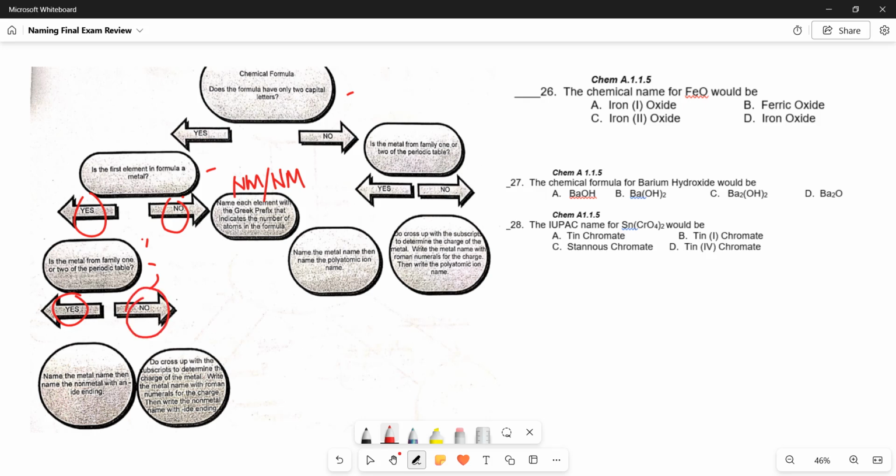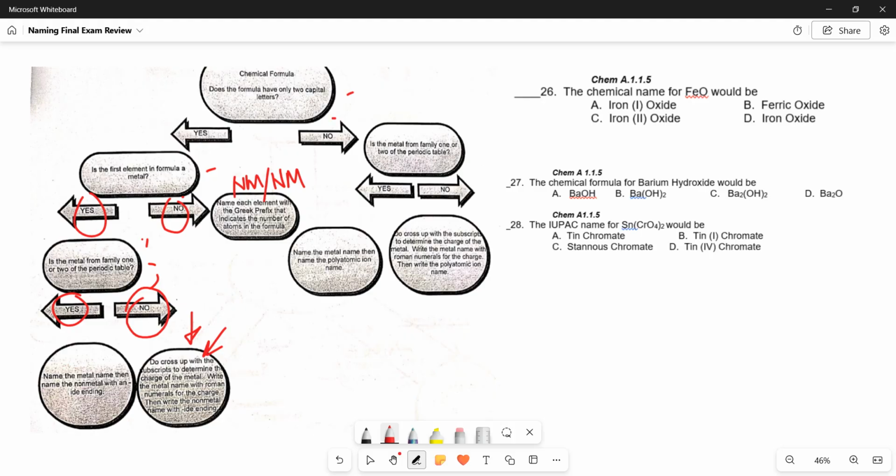If the answer is no, then we need to do cross-up. We need to know the charges of both the metal and the non-metal in this compound and use the Roman numerals for the metal to represent its oxidation state. And that is pretty much what I've asked on my test. So we're going to be sticking to this outcome on the flow chart.